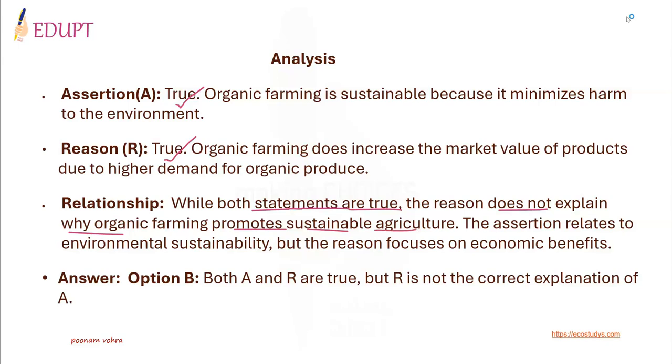The assertion relates to environmental sustainability, whereas the reason is focusing on economic benefits. So the answer would be option B. That is, both assertion and reasoning statements are true, but reasoning is not the correct explanation of A.